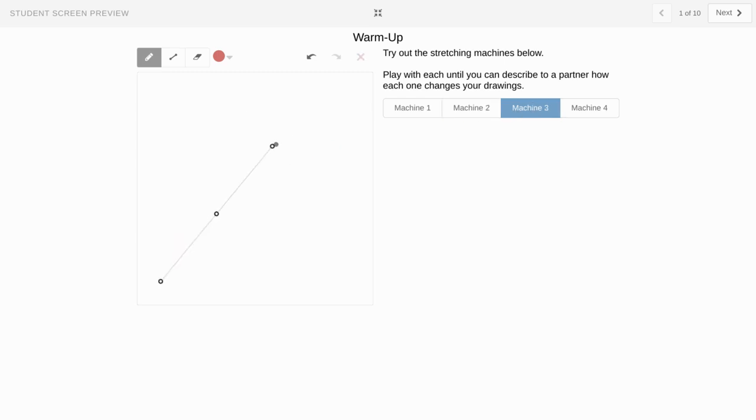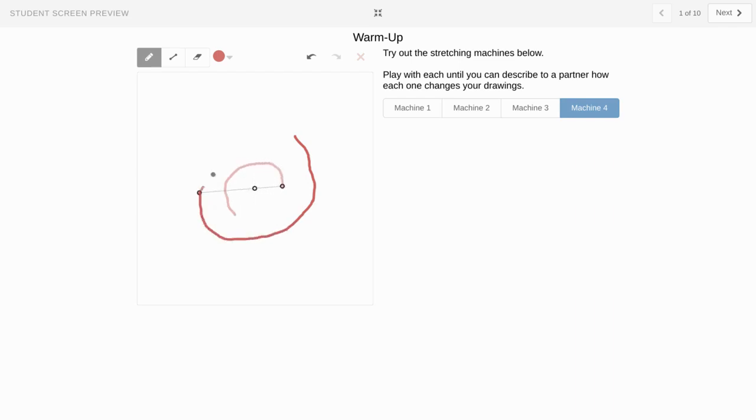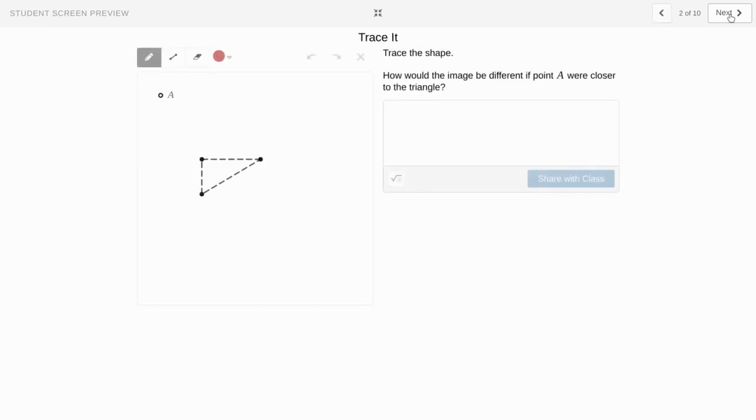This third machine, I'm controlling the furthest one, but it looks like that dot that's not drawing for me is halfway between. And this one, it looks like that smaller dot or that smaller line is halfway between. But it's on the opposite side. Yeah, it's like halfway between, but doing it on the opposite side. All right, let's go to the next page.